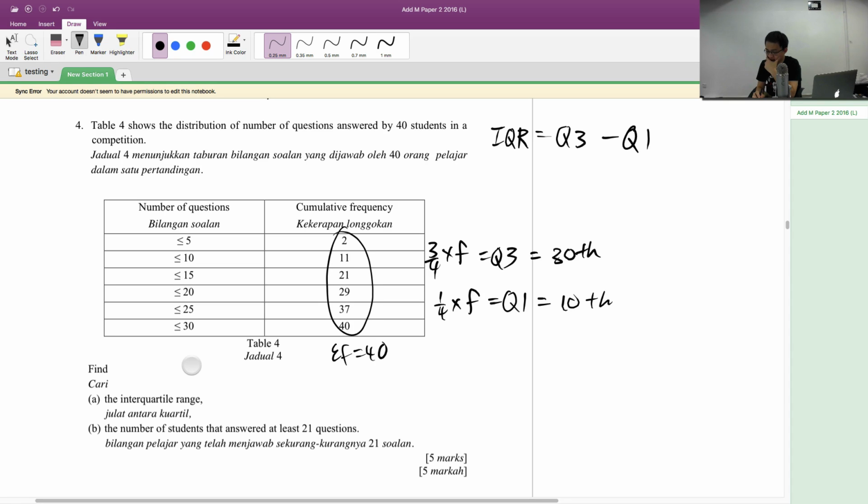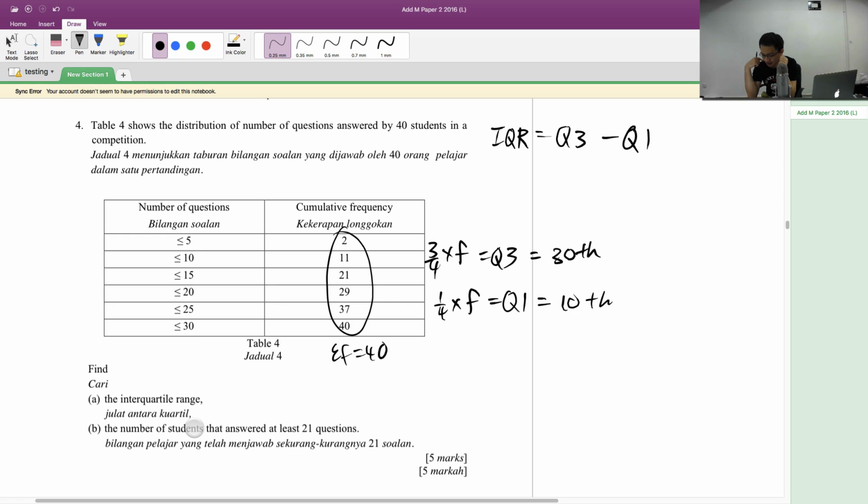So it must be they answer less than 30. Why does the symbol look like this? Find the interquartile range. Because this one is less than 30, less than 25.